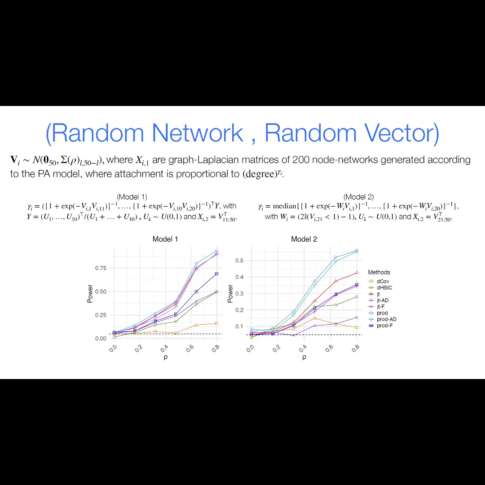We take the second part to be our Euclidean part, and using the first part, we generate a complicated function that gives rise to a random network that follows the preferential attachment model. How the preferential attachment model works is you start with a node and then you keep adding nodes to the network where the attachment function is proportional to degree to the power gamma I. And then we let this gamma I be random and depend on the first half of your data.